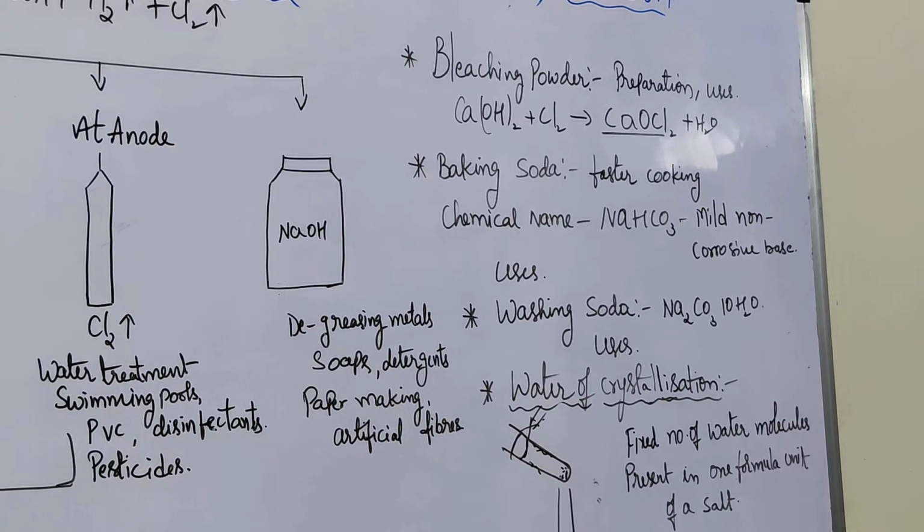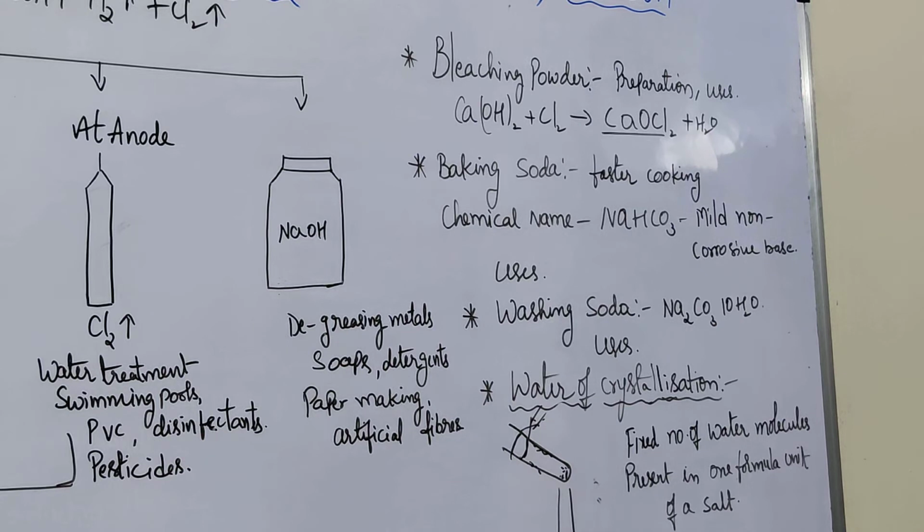Next, what are the uses? It is used for cooking, and it acts as a mild antiseptic. It is also used as the soda acid in fire extinguishers, and sodium hydrogen carbonate is also an ingredient in antacids.